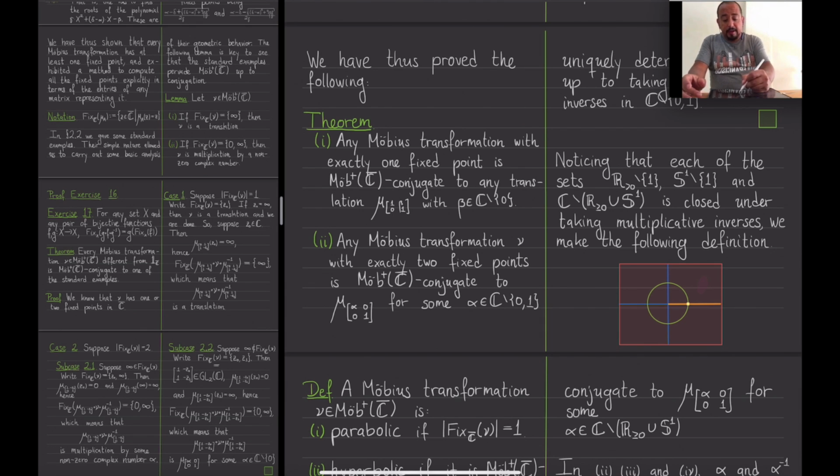So the point is, nu almost determines alpha, and actually one really has to take this set minus 0 and minus 1, and then take the orbits of inverting, of identifying alpha with alpha inverse.